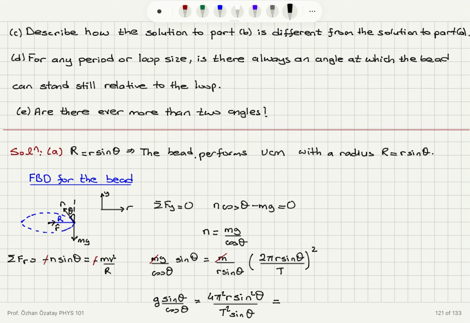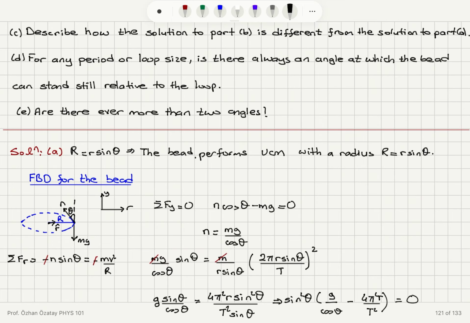So this equation can be written as sine squared theta times the parenthesis g over cosine theta minus 4 pi squared R divided by T squared, which is equal to 0, so that the bead will stay motionless relative to the circular wire.